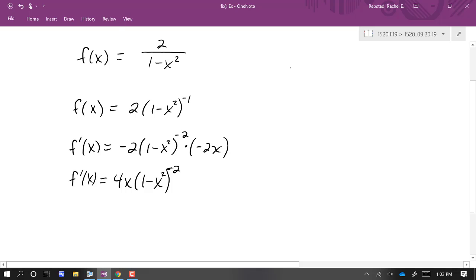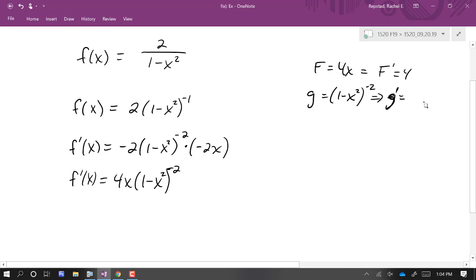So our first function is 4x. So that derivative is 4. Our g function, what is g prime here? How do we begin?